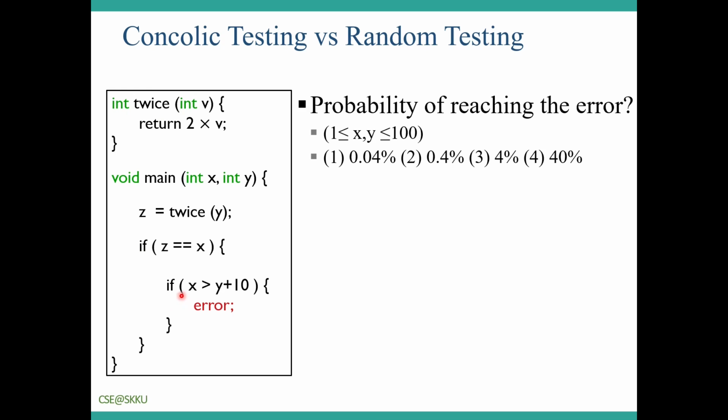So here's a quick quiz for you. If the values of x and y are randomly chosen between 1 and 100, what is the probability that you will reach the error branch in this program? You choose one of these four answer options. I will give you 10 seconds to think it through.